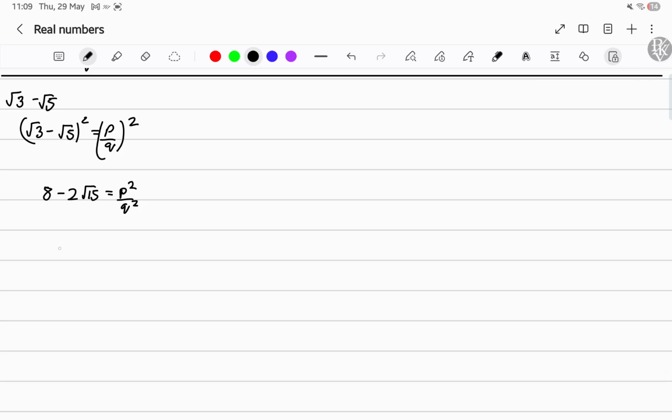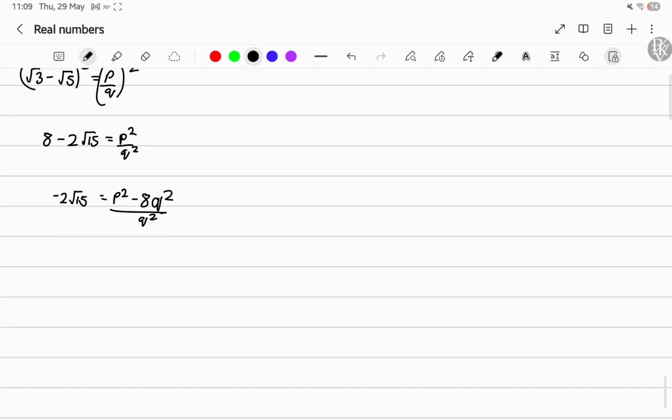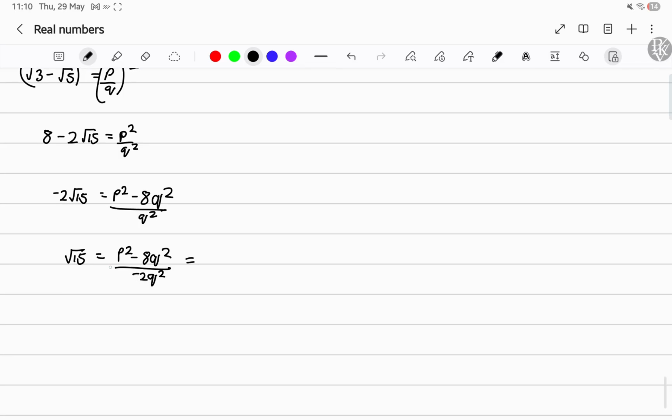Take 8 to the other side. So minus 2 root 15 is equal to p square minus 8q square by q square. And then you just have to take the minus 2 to the other side and you will get root 15 is equal to p square minus 8q square by minus 2q square. Now it is optional, but you can take the minus like this.